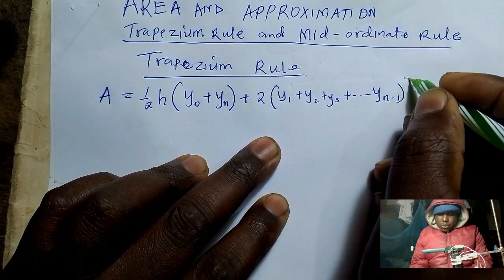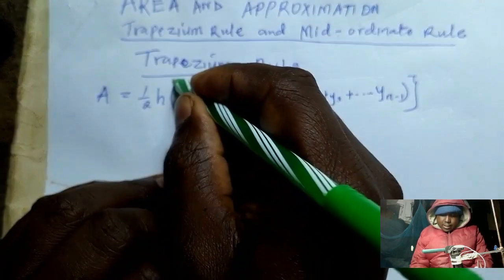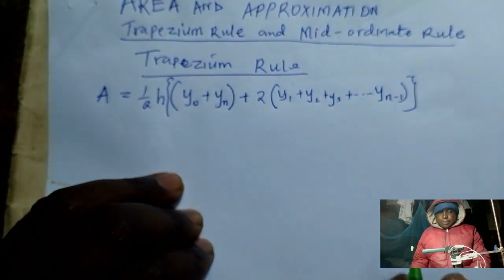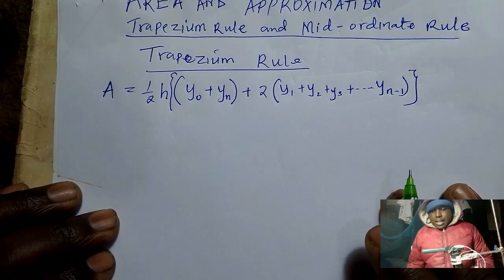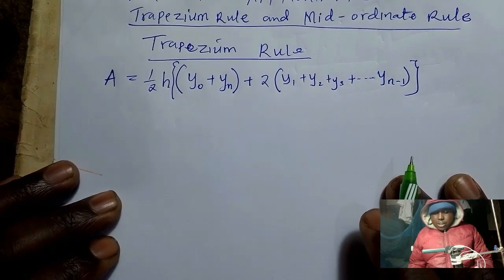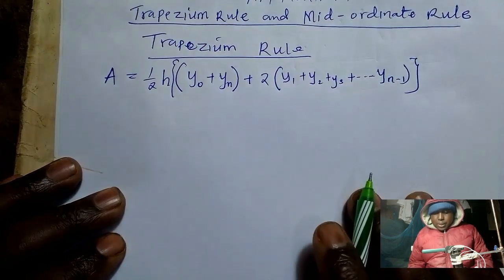You close the bracket, you open the big bracket. Now this gives the area using the trapezium rule.